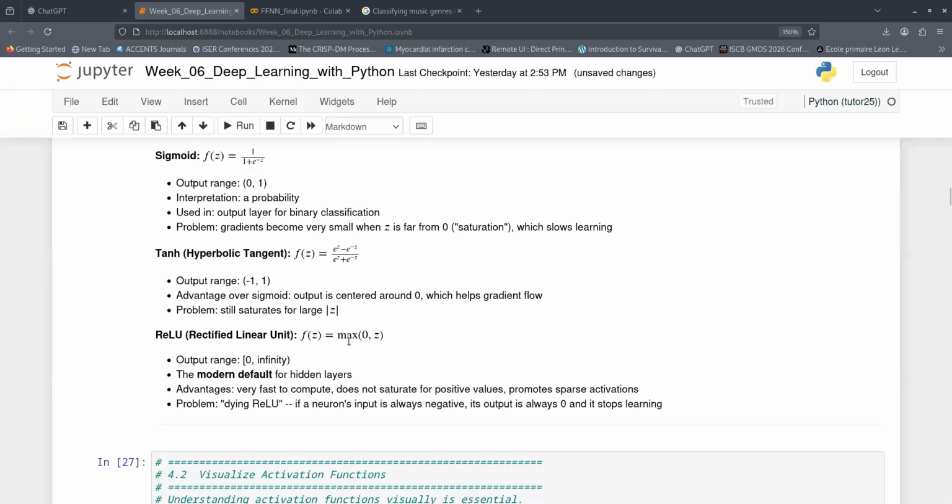It gives you the maximum between 0 and z. The advantage of the ReLU is that it is very fast to compute. It doesn't saturate for positive values. It promotes sparse activation, but the problem is the dying ReLU. The dying ReLU means if a neuron's input is always negative, its output is always 0, and it stops learning. That's the problem with this ReLU.